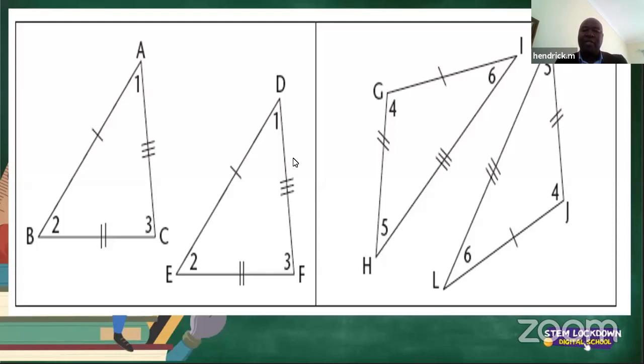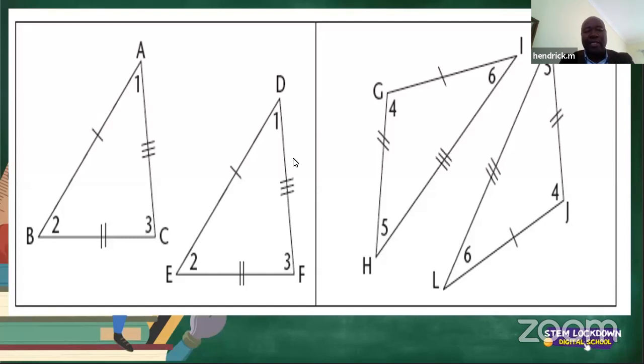We also have triangle GHI and triangle JKL. Now, those are the two pairs of triangles that I want to focus on this morning. Let's focus on the first pair of triangles, that is triangle ABC and triangle DEF.